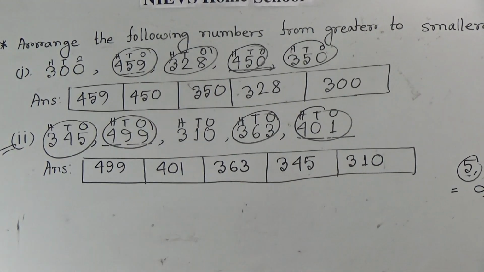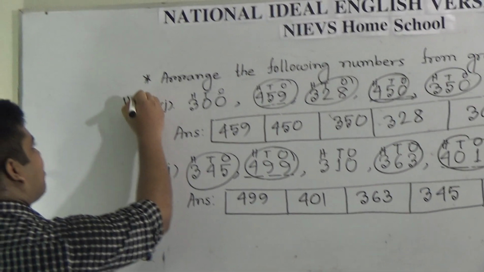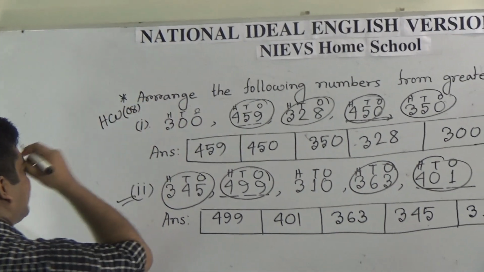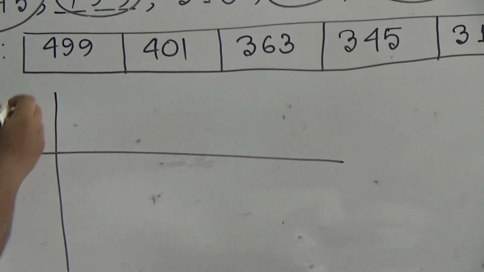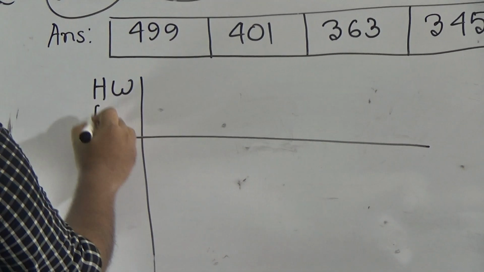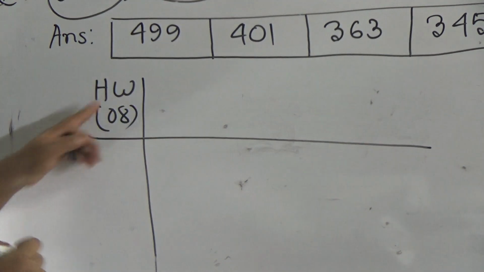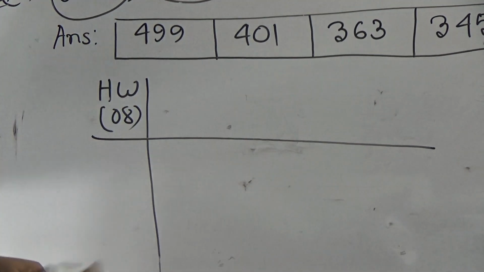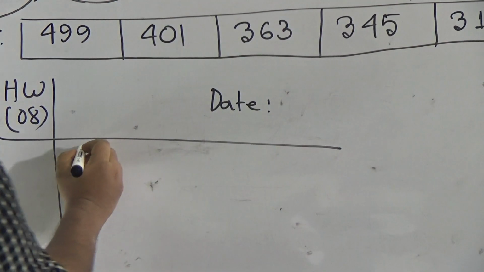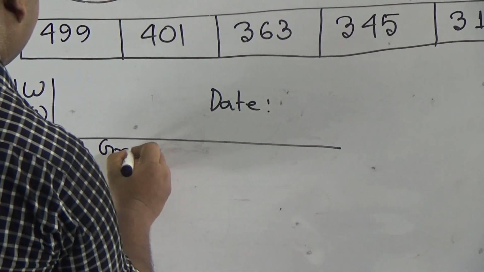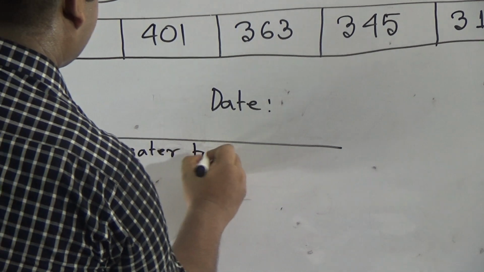This is your SW also, and this is SW number 8. My dear students, when you start to do your SW in your SW copy, you must write the SW number. This is called SW8. After that you write the date. Then you write the heading, that means greater to smaller.